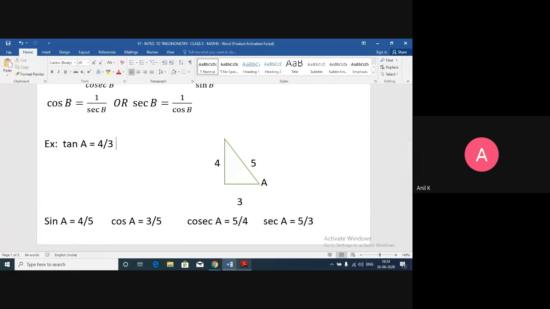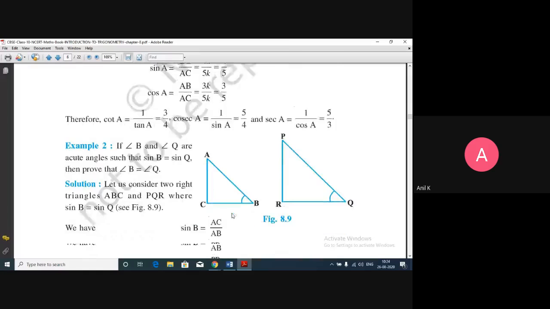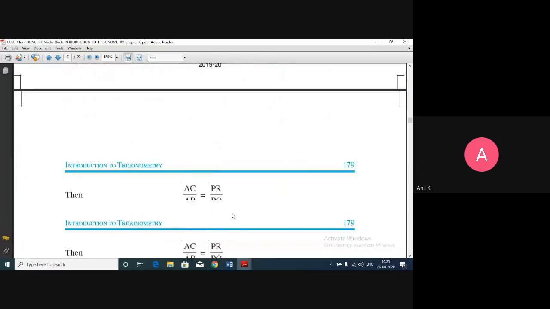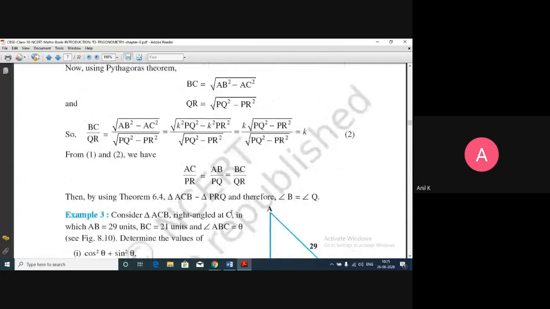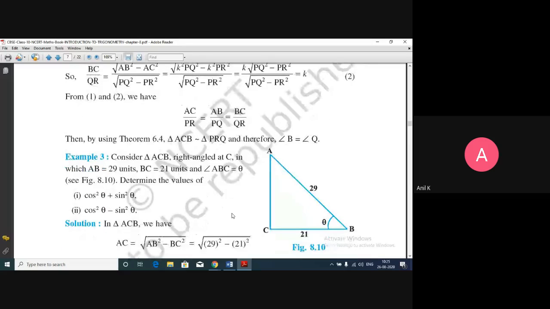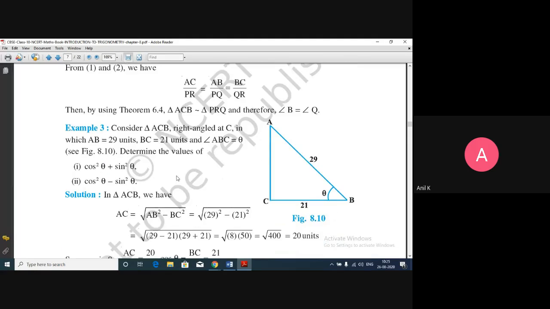We'll come to the next example, example 3. Consider a right angle triangle ACB.